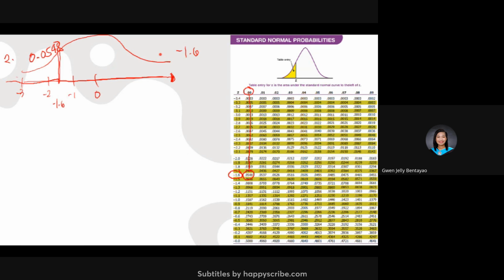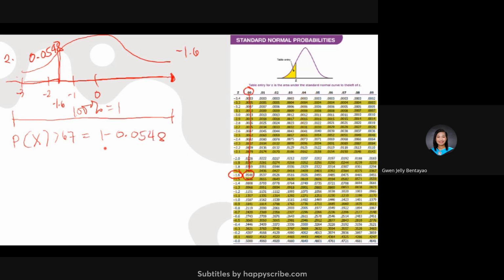Since we know that the area of the curve is equivalent to 100%, or equivalent to 1, then we can say the score of Mark, or that value of 67, is equivalent to 1 minus 0.0548.